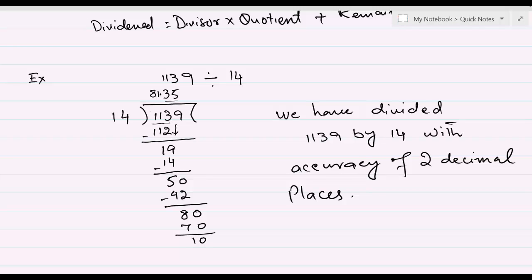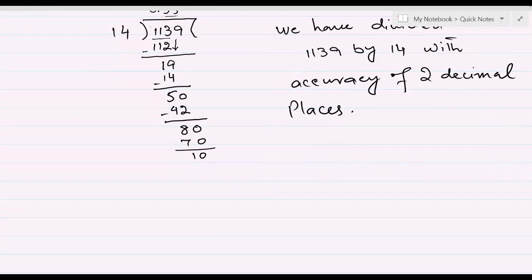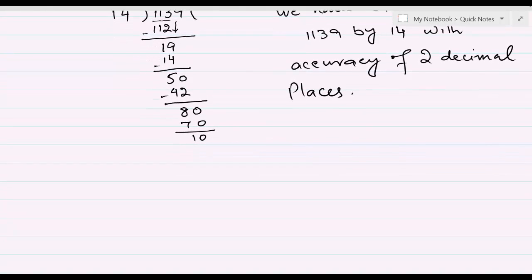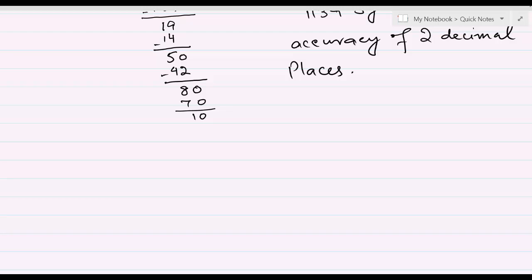Because in the start of this lesson, we already said that there are fractions. We have to divide fractions by fractions. We have to divide decimals by decimals. But they ultimately become the division of integers.